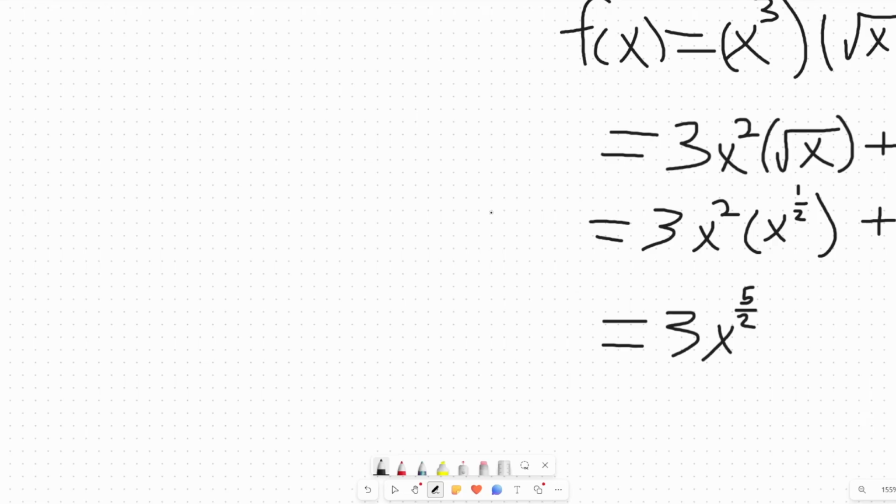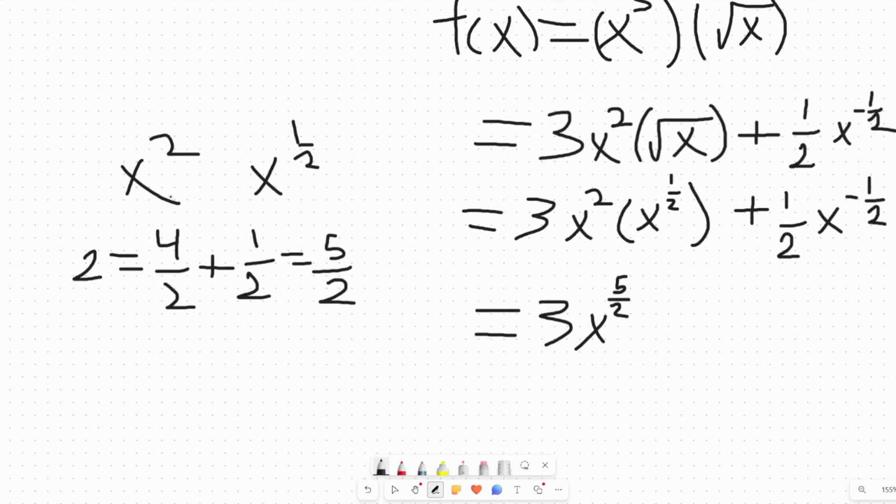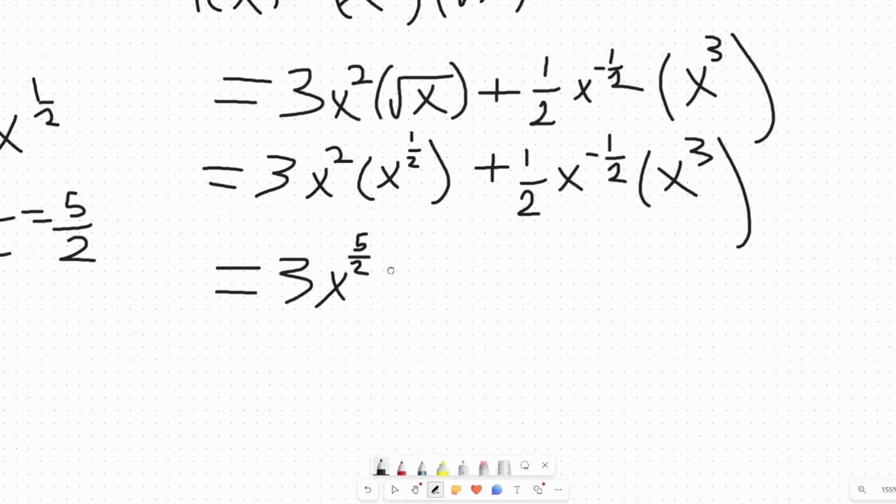Here, I'll just do it over here. So you have x squared and you have x to the 1 over 2. All right, so 2, in terms of over 2, is equal to 4 over 2. So 4 over 2 plus 1 over 2 is equal to 5 over 2. All right, so that's how we got the 5 over 2 here.